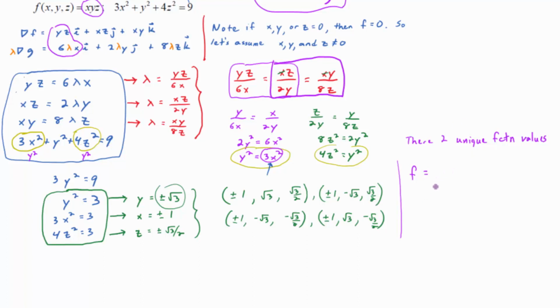So we could just take 1 times root 3 times root 3 over 2. And of course, any combination of 2 of these negatives produces the same value. So what is that? 3/2. Okay? And then f equals, I'm not even going to do it, just negative 3/2, right? So this guy's the absolute max. And this guy's the absolute min.